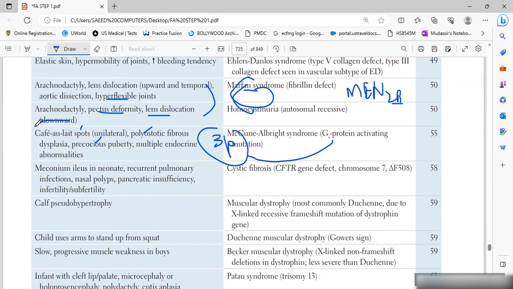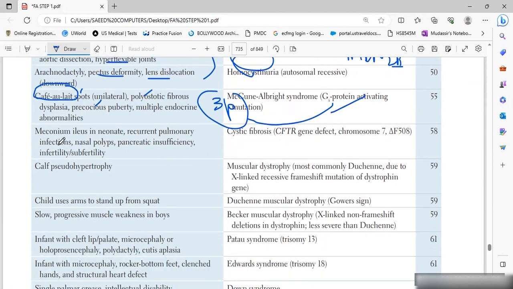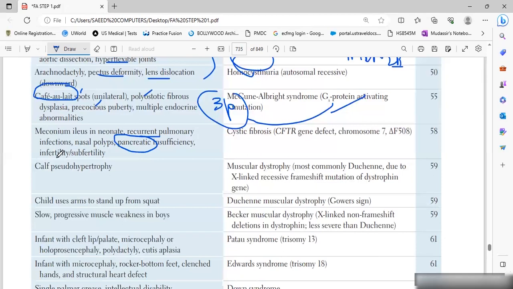And remember, cafe-au-lait spots are also seen in NF1, neurofibromatosis type 1, and also in Fanconi anemia.